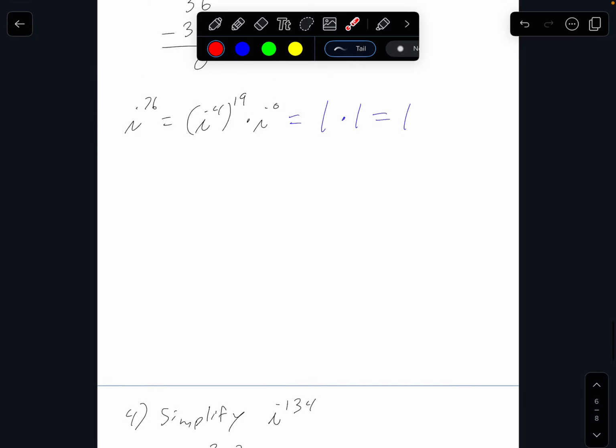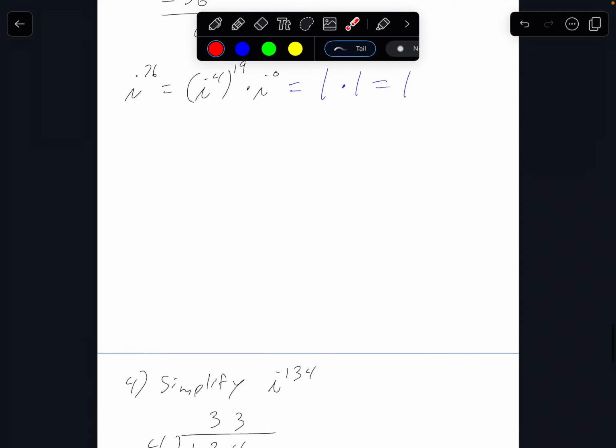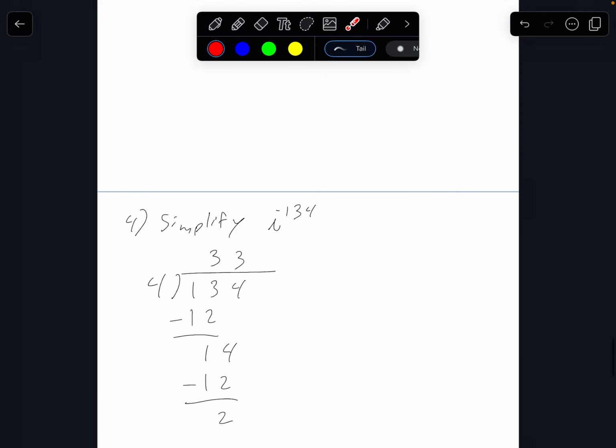Let's do one more. Let's simplify i to the 134th power. Again, a large number, but we saw getting into the 115th power, it's not that big a deal. It just means our division might be slightly longer, but again, we know the procedure. 4 goes into 13 3 times. 3 times 4 is 12. 13 minus 12 is 1.